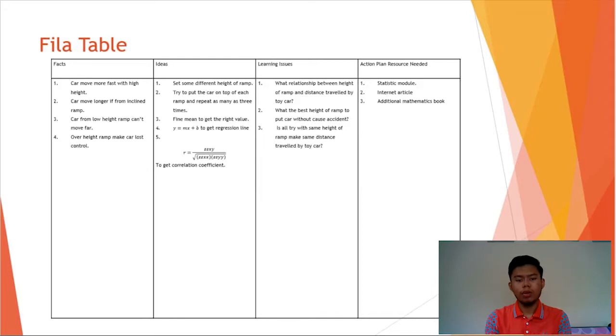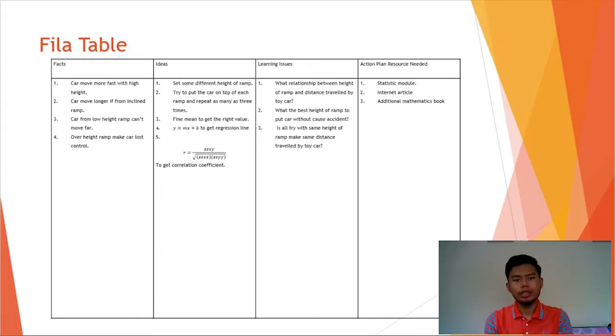Next, we use y equals mx plus b to get the regression line, and SSxy over the square root of SSxx multiplied by SSyy to get the correlation coefficient.